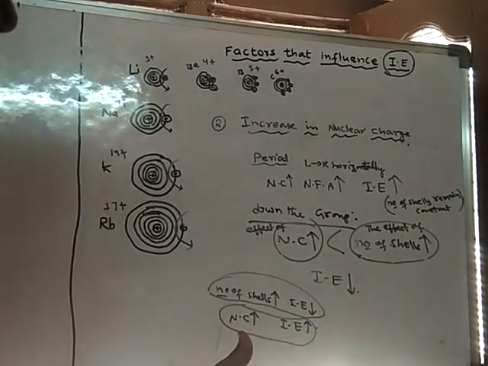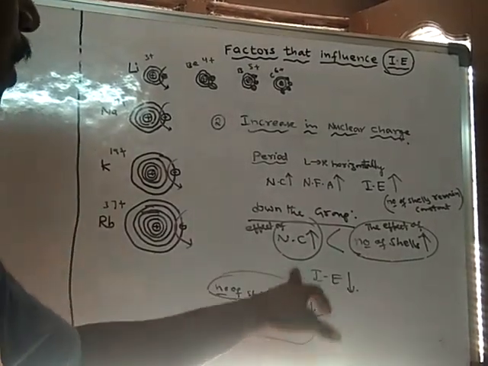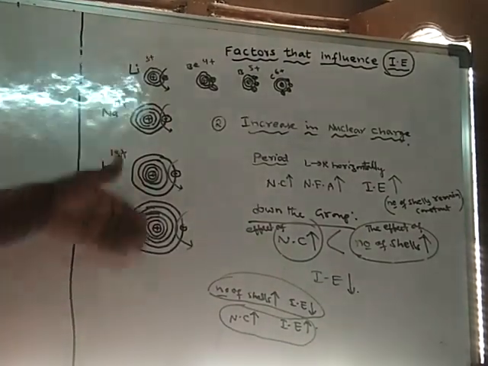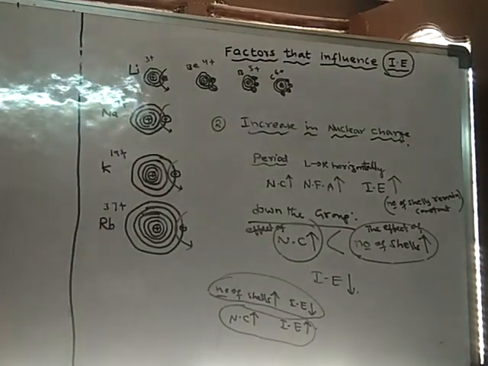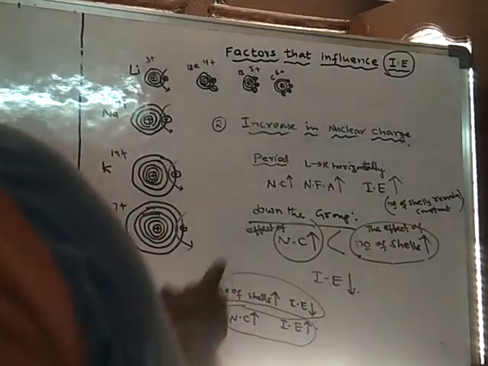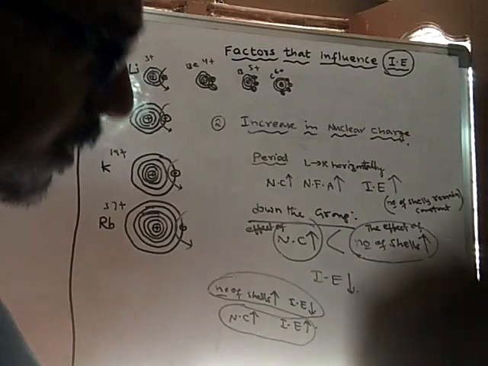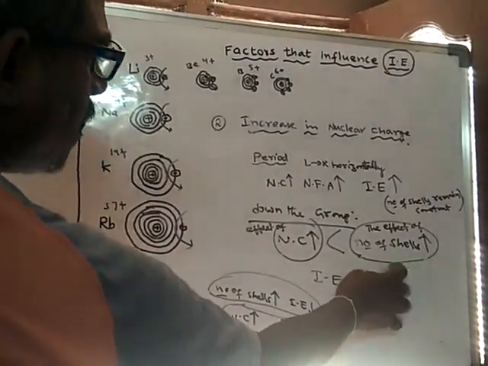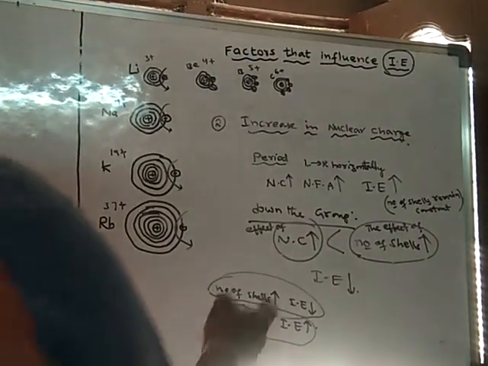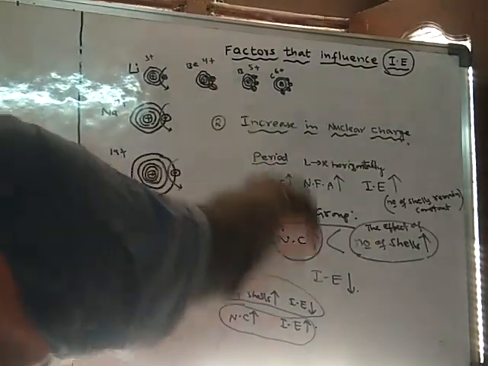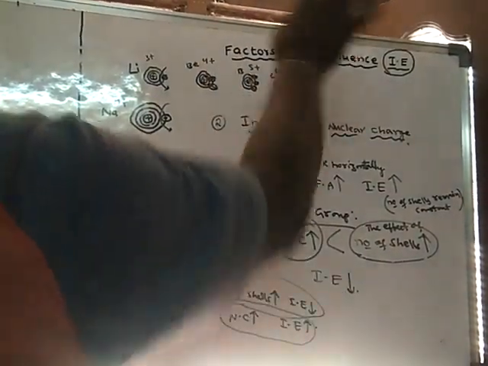So as a whole, what is happening? As a whole, there is an overall decrease in ionization energy down the group. This is important. So down the group, what happens to the ionization energy? Ionization energy decreases, because this is having the dominating effect. These are the factors that affect ionization energy.